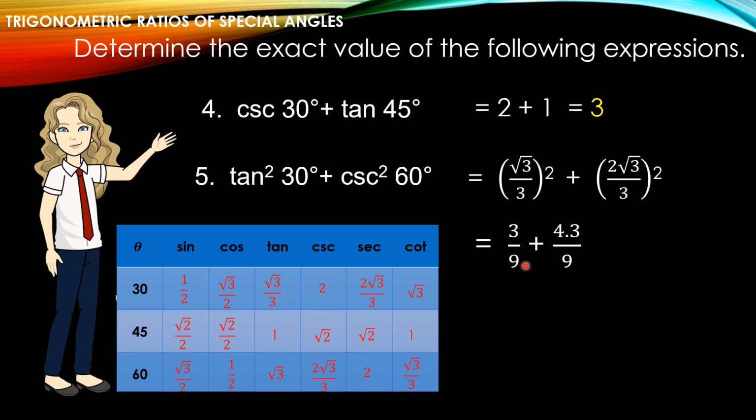Then 3 times 3 is 9. Then 2 times 2 is 4. Square root of 3 times square root of 3 is 3. Then 3 times 3 is 9. Then we're going to simplify. So 4 times 3 is 12. We're going to add with the same denominator. The denominator is 9. So we have 15 over 9. And we reduce to lowest terms by dividing by 3. So we have 5 over 3. So our answer for number 5 is 5 over 3.